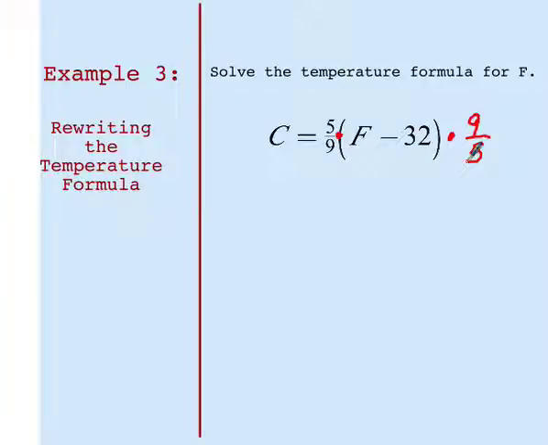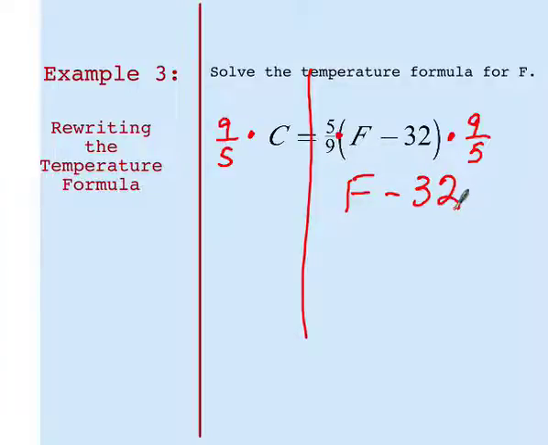That's the same thing as dividing by 9/5. So over here, I'm going to multiply by the same fraction. 5/9 times 9/5 cancels. Again, with multiplication, this could be next to the 5/9, and you would see that it's 1. Leaving me with F minus 32 equals 9/5 times C.